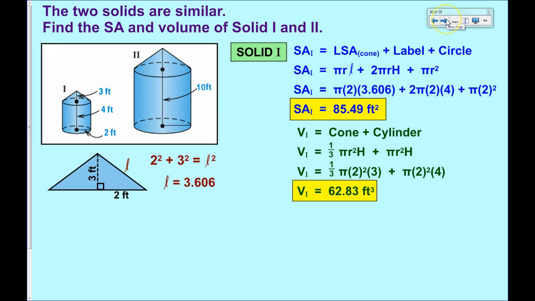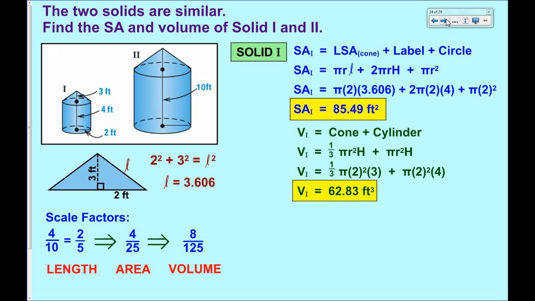So I'm going to write a ratio of small to big, which would be 4/10, and that corresponds to our lengths. That's not simplified, so I'm going to go 2/5, and then I need the appropriate scale factors for area and volume. So I'm going to take that and square it, and I'm going to take that and cube it to get 4/25 and 8/125.